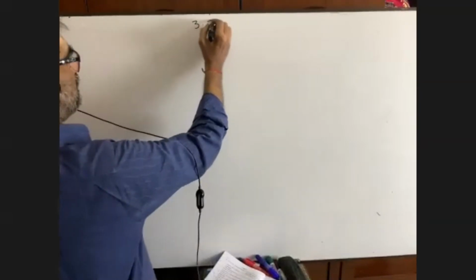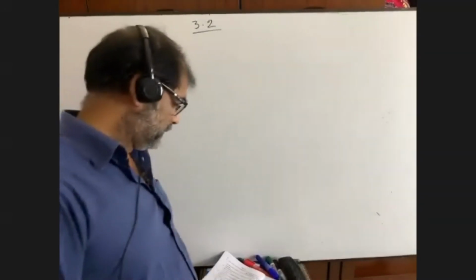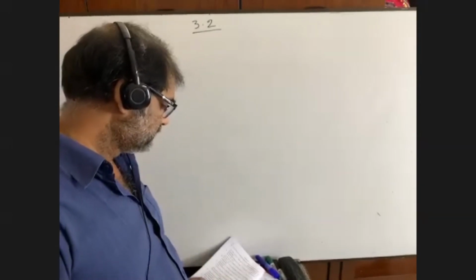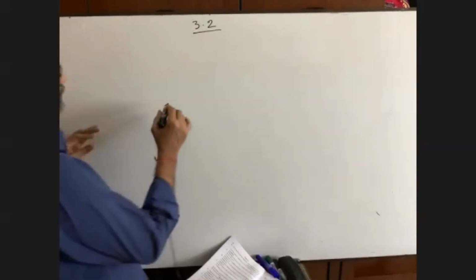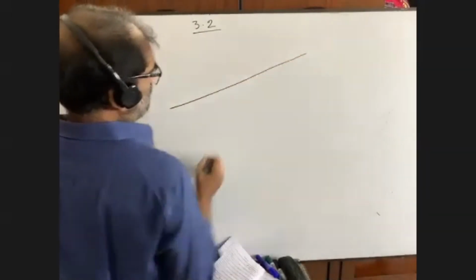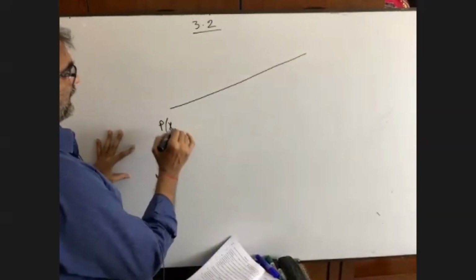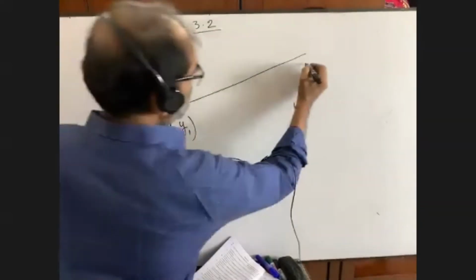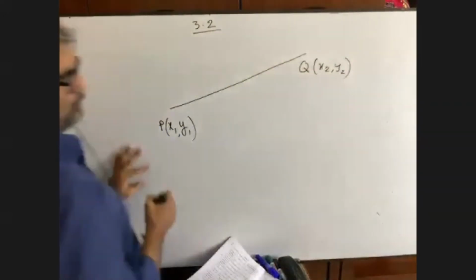3.2. Write down, Exercise 3.2. Please try to understand. Exercise 3.2. Suppose it is P, which is x1, y1, and it is Q, which is x2, y2.